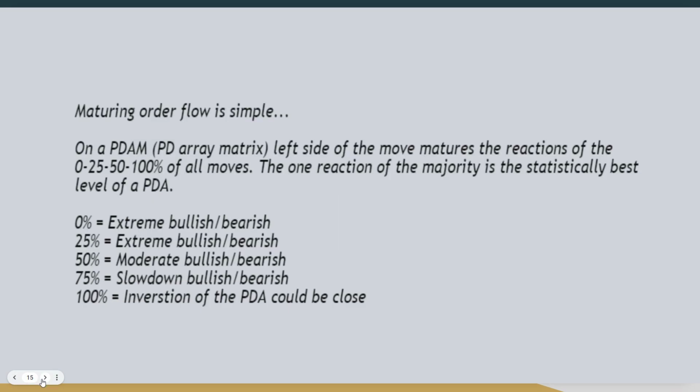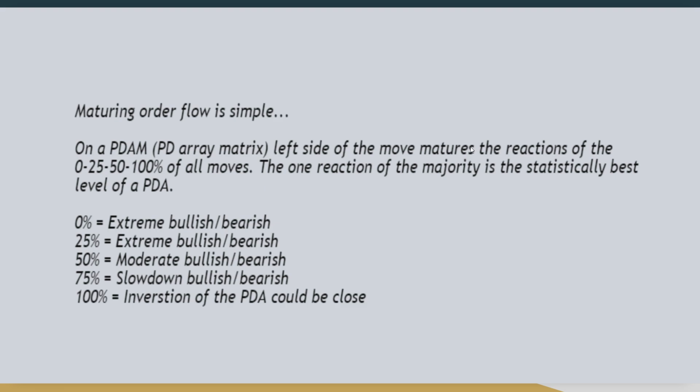Now let's go and talk about measuring order flow and actually show you guys an example. So of course this is measuring a PDMA matrix. This is primarily talking about the PDMA matrix, as I've written here. So it's the left side of the move.